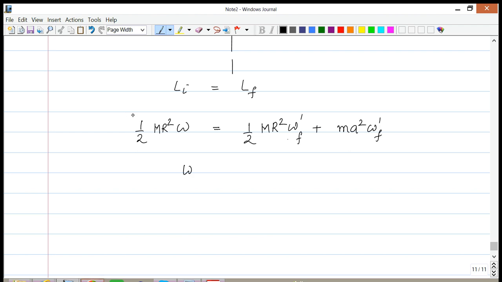And what we have is that omega f prime is equal to 1/2 m r squared omega divided by 1/2 m r squared plus m a squared. All I'm doing is factoring the omega f prime out and then dividing by all the stuff that is left. Alright, so this is another application of the conservation of angular momentum.